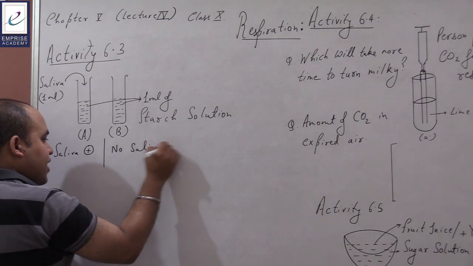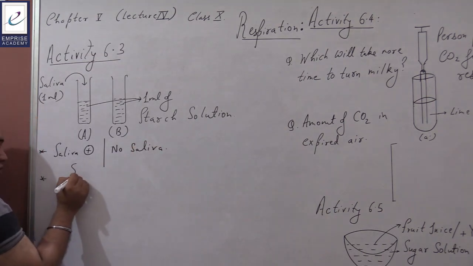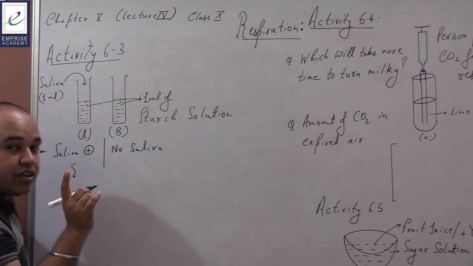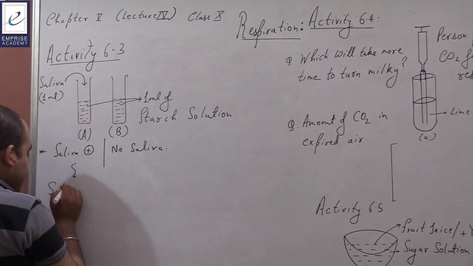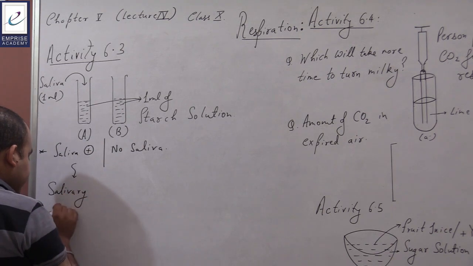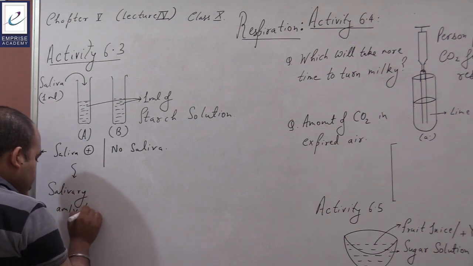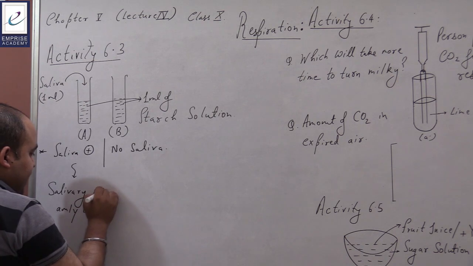So what is this saliva going to do? Saliva will have an enzyme which is referred to as salivary amylase, which is also referred to as ptyalin.